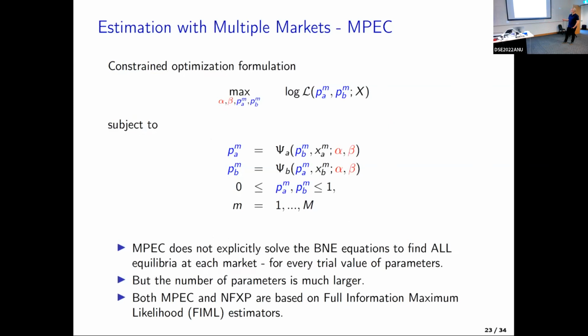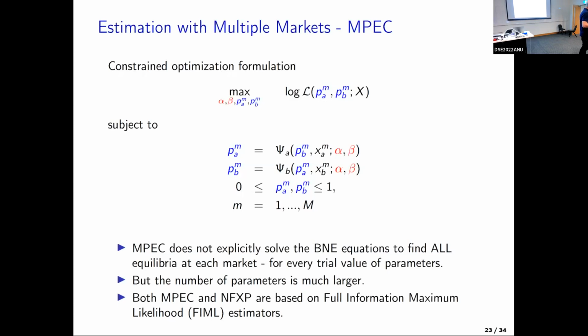Okay, so you can also do this with MPEC, and now the constrained optimization formulation is the following. Note here that the alpha and betas are still there, but then you have investment probabilities that are not just scalars.